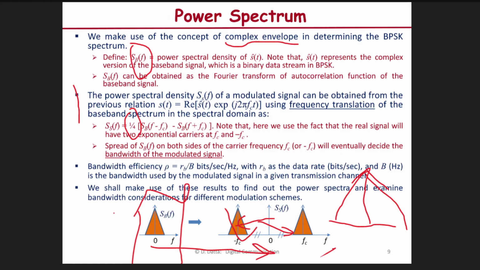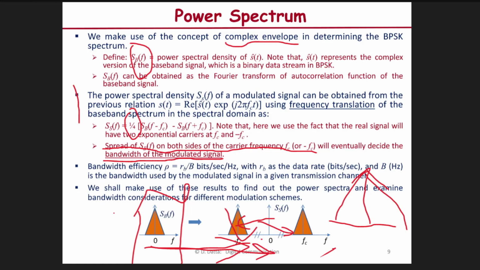So if you know the SBF, you can take this as a frequency shifted version and then generate the actual signal spectrum. That is why I am saying that the spread of SBF on both sides of the carrier frequency, FC or minus FC, will eventually decide the bandwidth of the modulated signal.